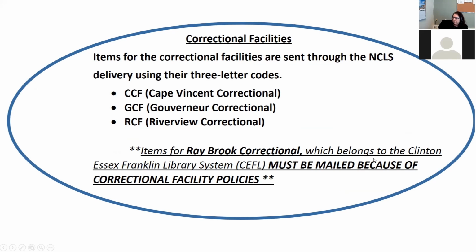This library does belong to the Clinton Essex Franklin Library System, which most of the CEFL libraries do use the state delivery, but this correctional facility in particular must be mailed because of their policies. So if you ever get a request for Raybrook Correctional, you will need to mail it. Otherwise, everything else can just be put in your tote and sent to NCLS.